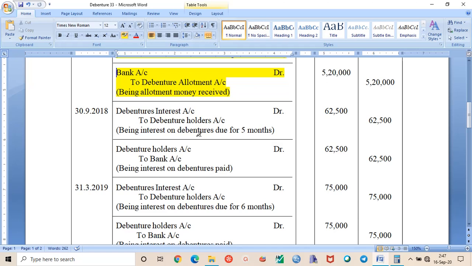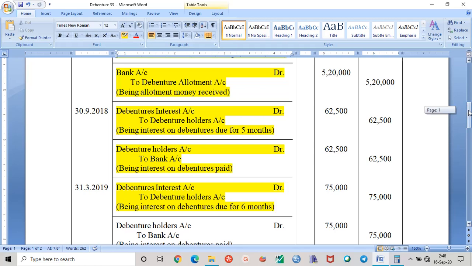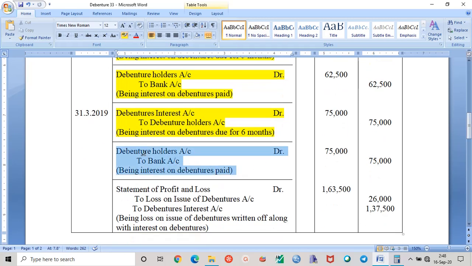So whenever there is interest on debentures that is due to debenture holders, it will be recorded as it is. And this is the payment of the interest on debentures. Again, on 31st March, you will have this particular entry and you will make the payment.